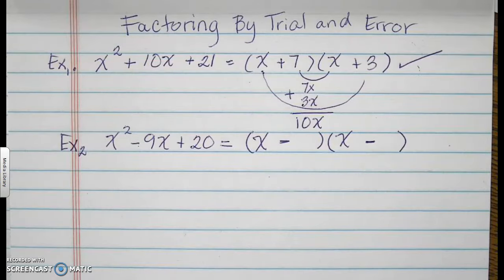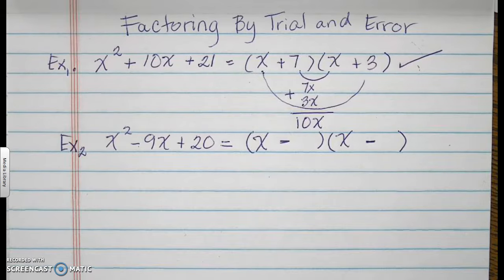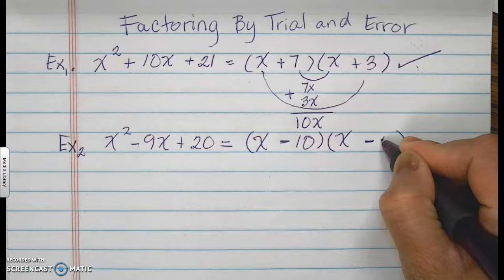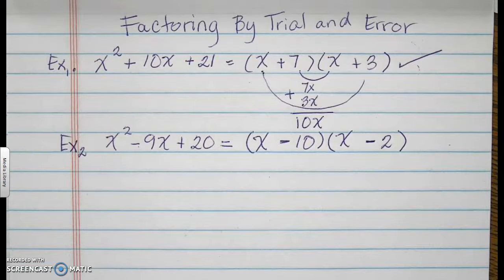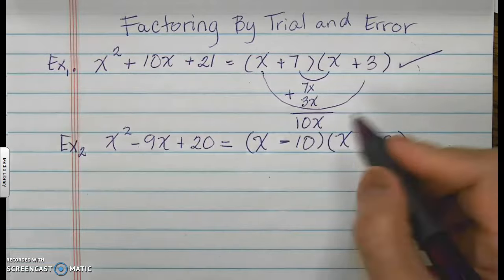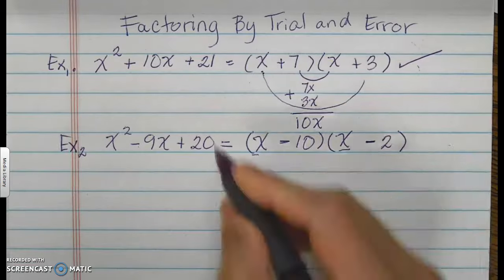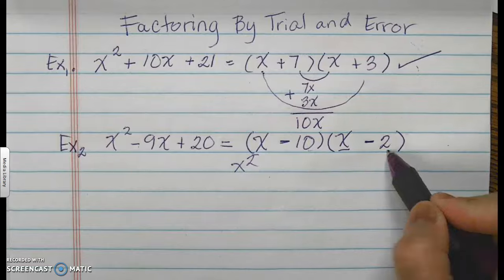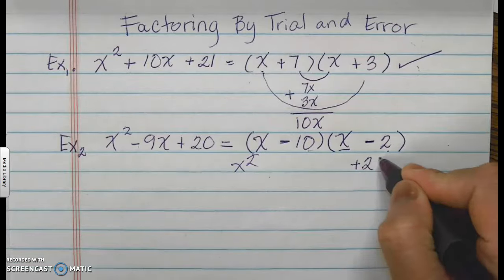Since this is trial and error, I'm just going to go ahead and do 10 times 2. If I have negative 10 times negative 2, I will have a positive 20.